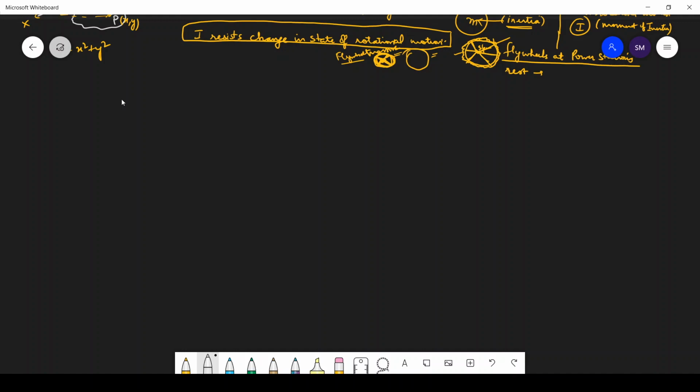So it is attached to the shaft of the steam engine or automobile engine, and because of large moment of inertia, flywheel opposes.